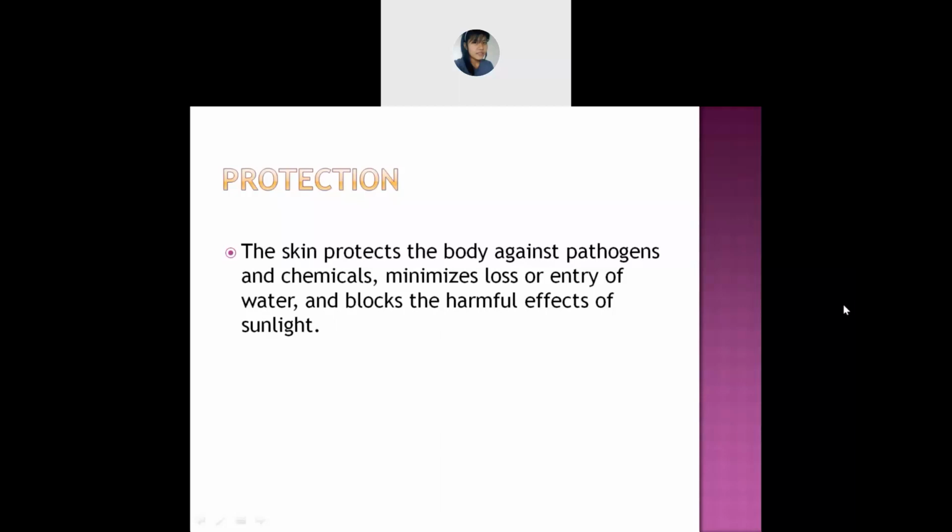I've already discussed dehydration, that is losing body fluids and electrolytes. And the skin also helps in blocking the harmful effects of sunlight, like the UV rays. Is it clear?